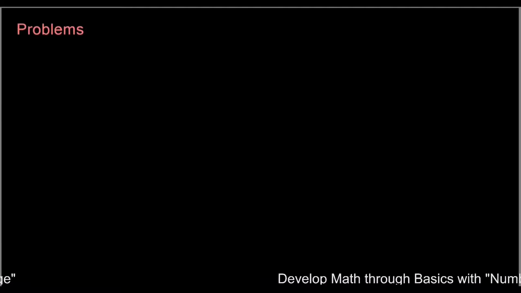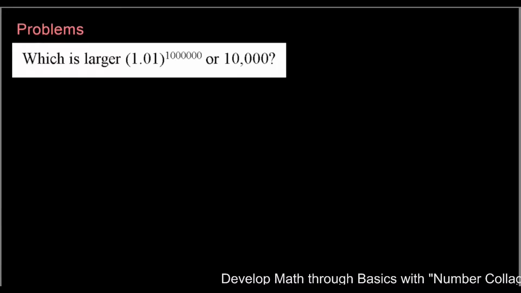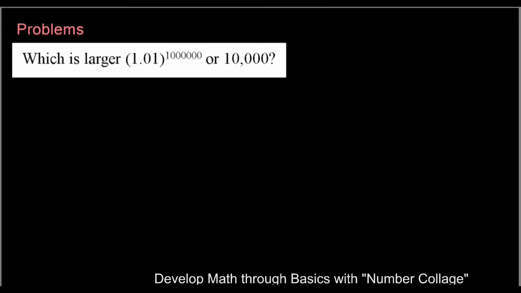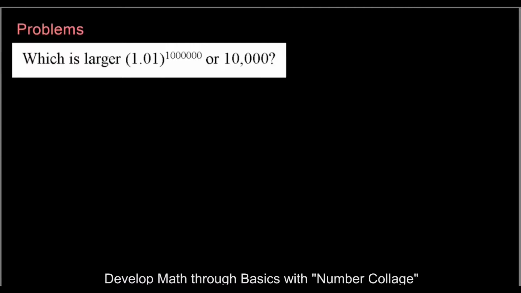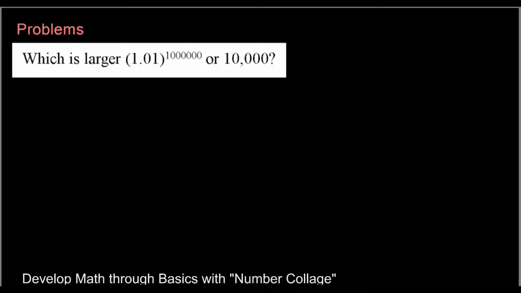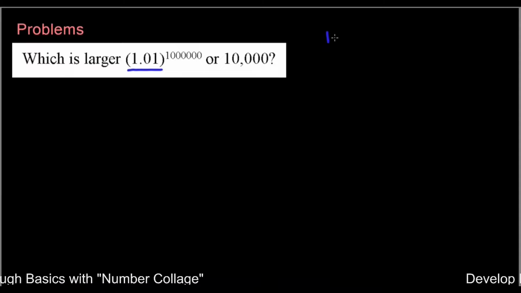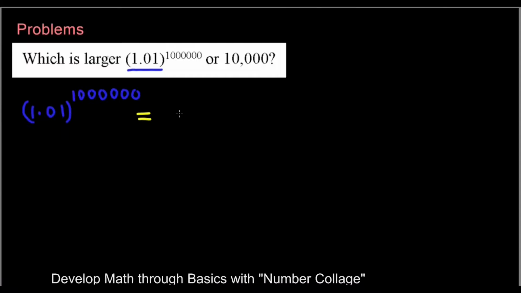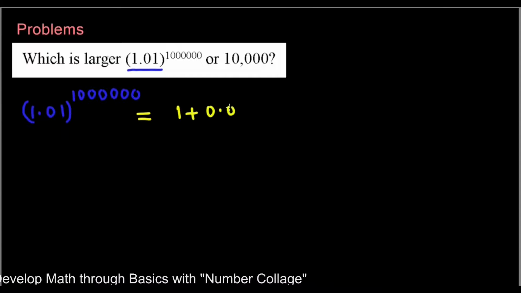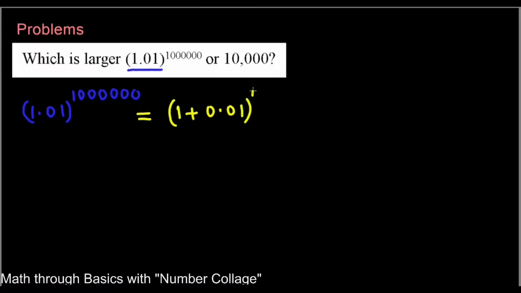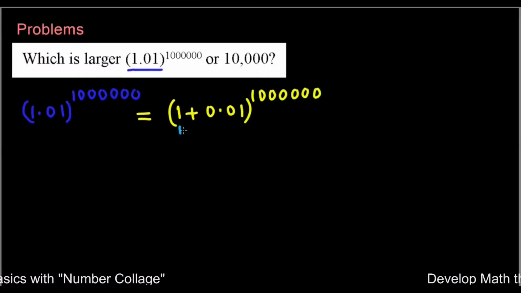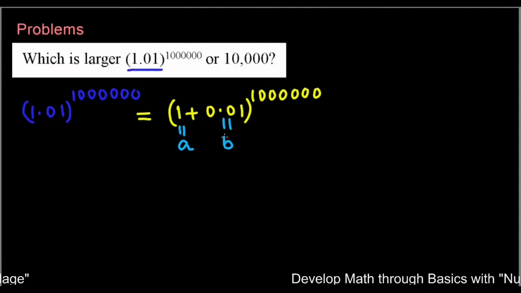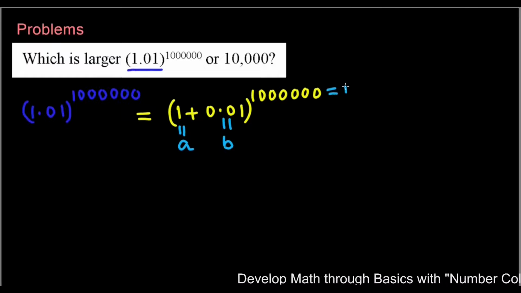In the next problem, we have to find which is the larger number, 1.01 raised to 1 million or 10,000. To find this out, we will write 1.01 raised to 1 million as (1 plus 0.01) raised to 1 million, where this 1 is a, this 0.01 is b, and this 1 million is n.